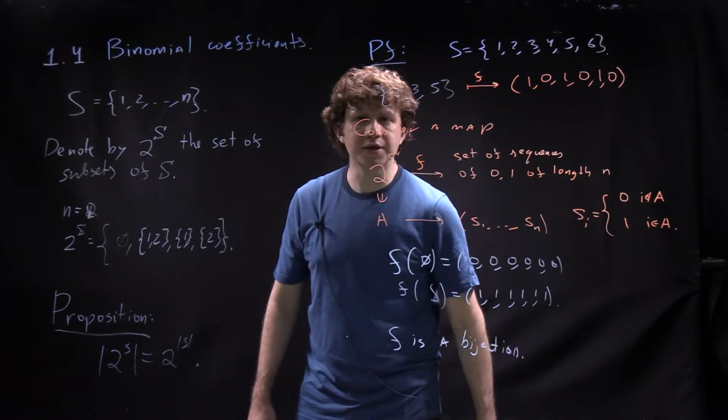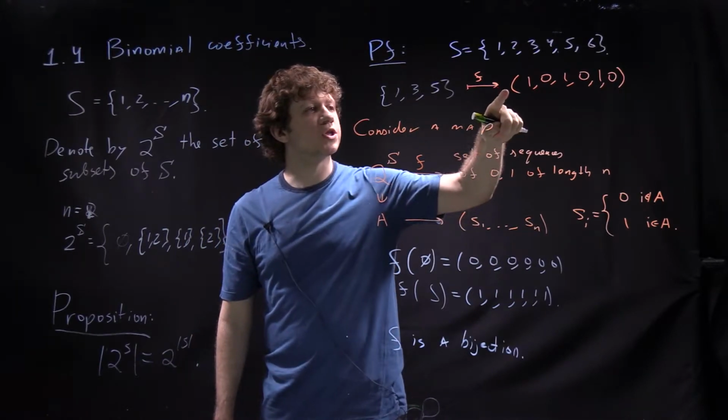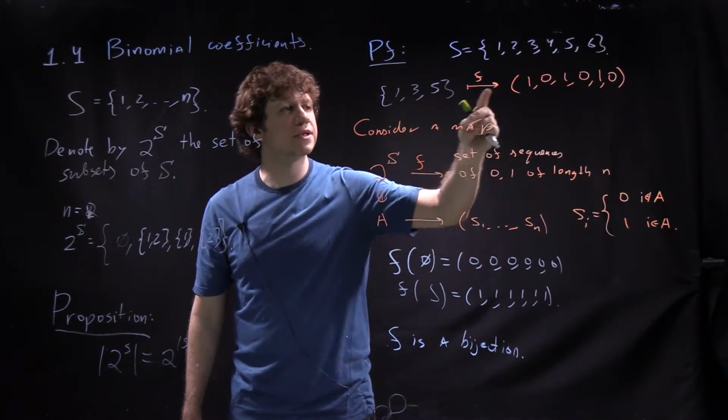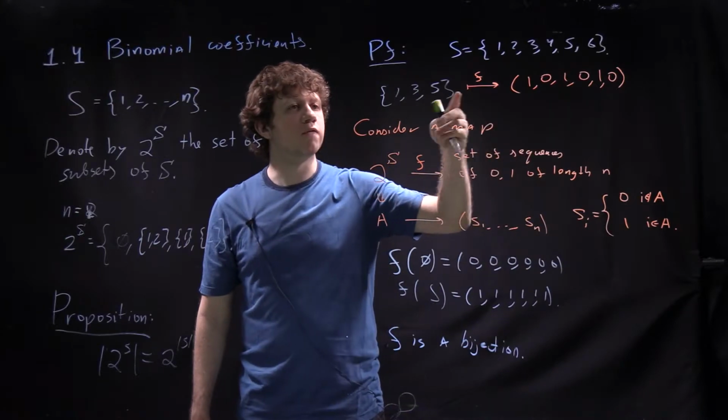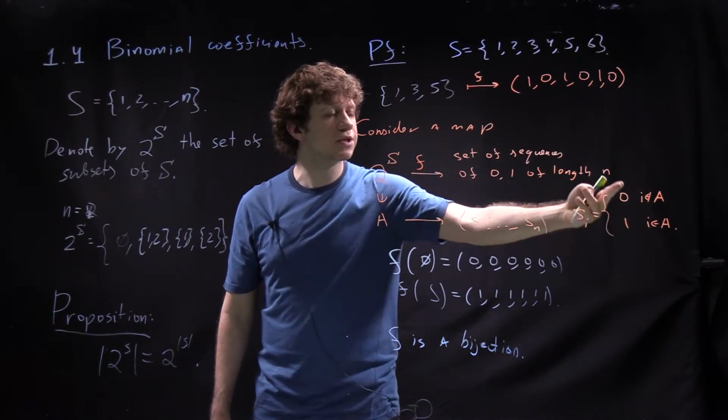That's really easy to see, because I can construct the inverse map, which takes a sequence and constructs a subset, which is just a union of elements, where the element is there or not depending on the index.